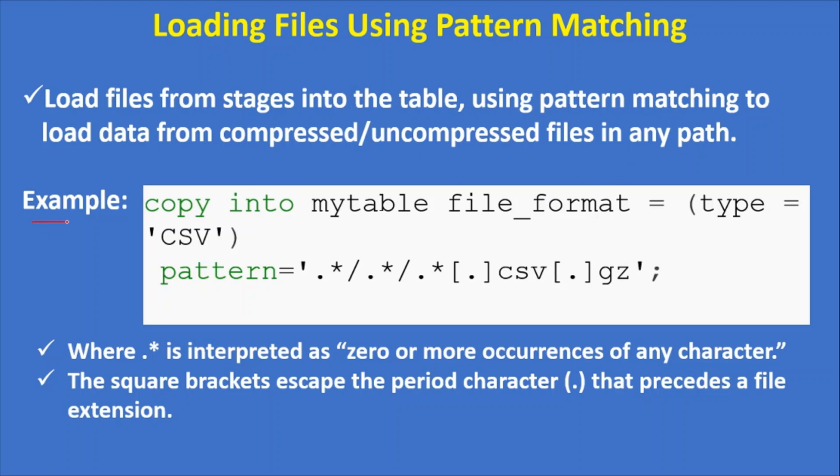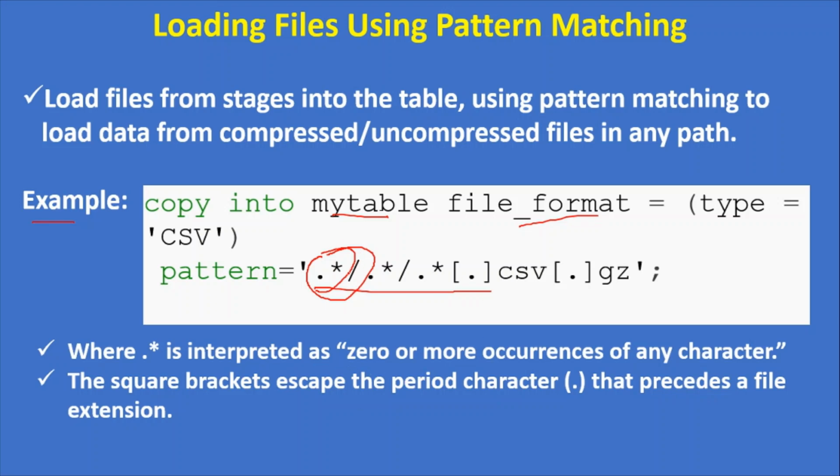If you see the example of the copy statement, copy into my table with a file format and pattern, it looks like this. Here you will notice the dot star. Dot star is interpreted as zero or more occurrences of any character.